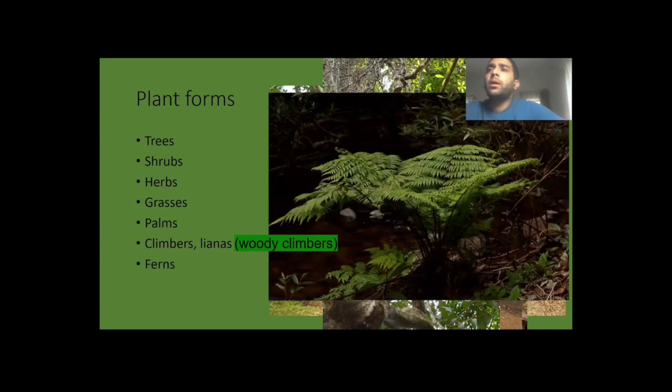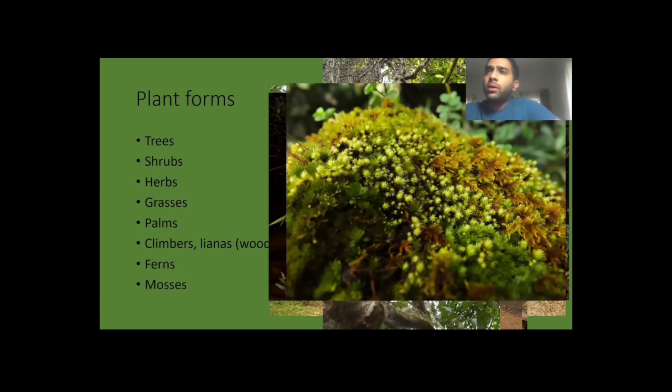You can also have different plant groups like these ferns. Ferns have feather-like leaves. These plants don't flower at all, so you'll never see them flower or fruit. But you might see other things on them. And you also have some of the smaller plant groups like mosses. They will not grow very tall, and they only grow in really moist places like moist rocks.